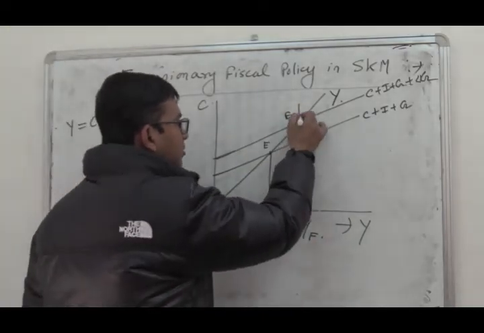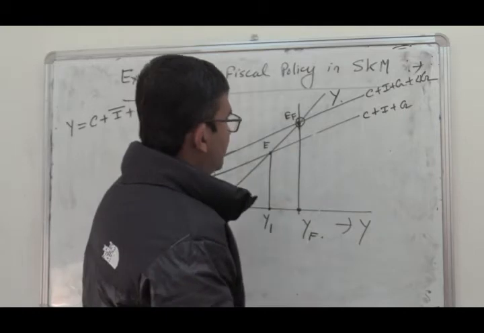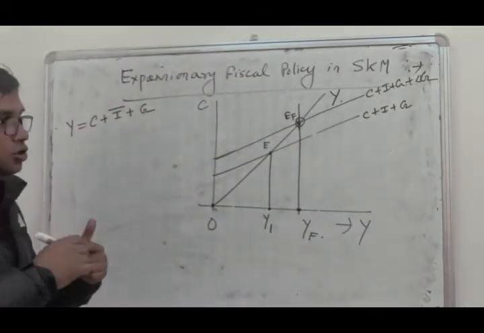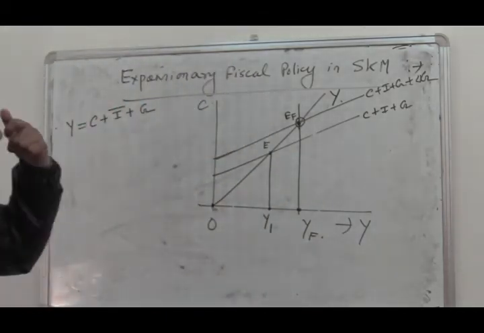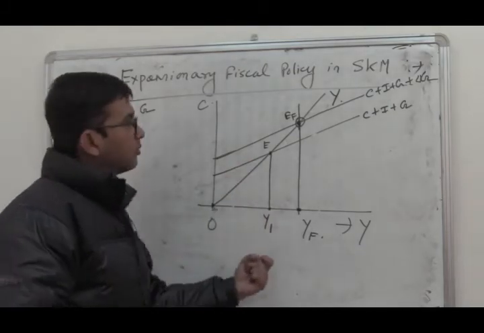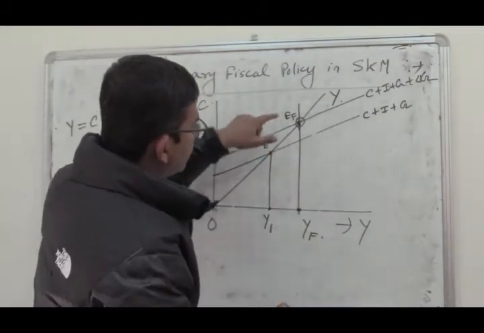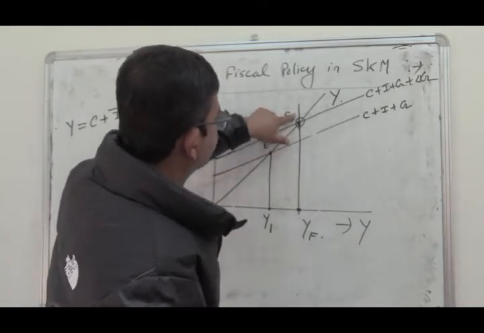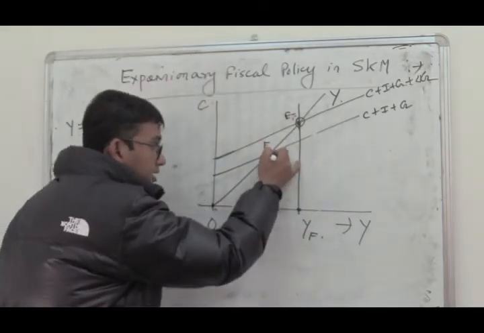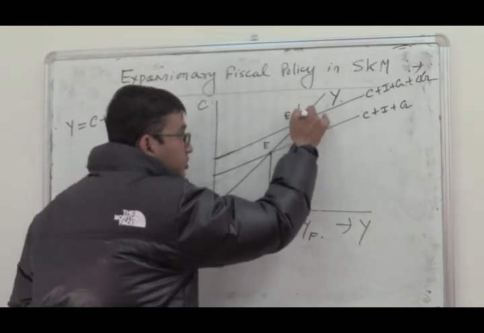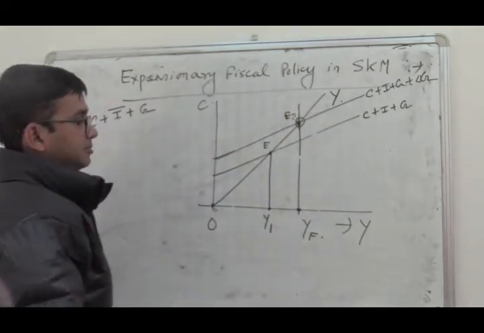This equilibrium EF will indicate the full employment level of output. So one expansionary fiscal policy can take the economy from the situation of unemployment to the situation of full employment.